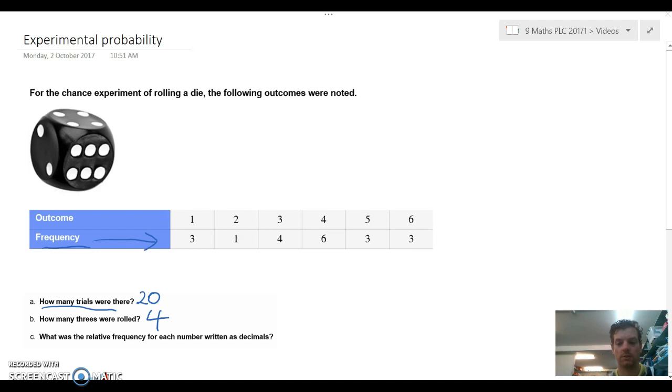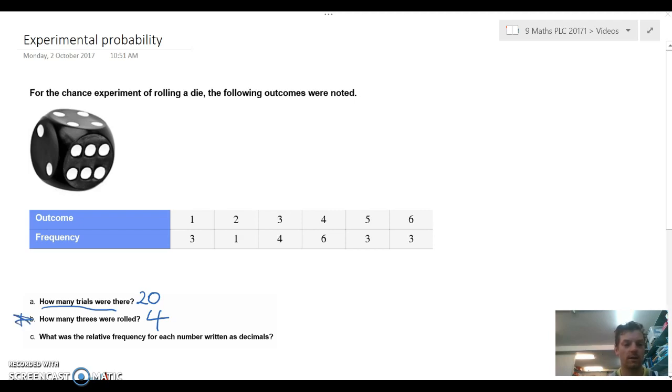Now the last thing we're asked to do for this example is write the relative frequency as a decimal for each of those. The relative frequency is basically how many times we achieved a particular outcome. We've looked at 3s, so let's go back and look at 1s.